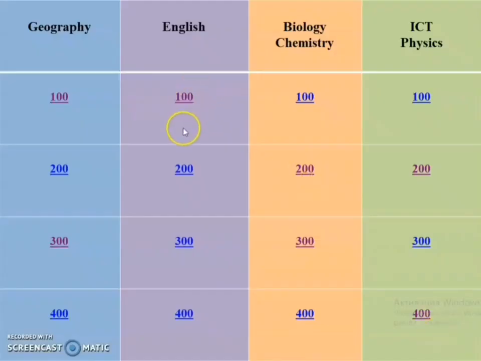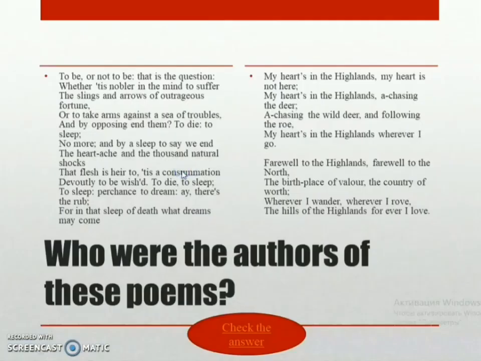Let's choose English 200. So, who is the authors of these poems? To be or not to be, that is the question. Please read. And the second poem. My heart's in the highlands, my heart is not here. My heart's in the highlands, a-chasing the deer.